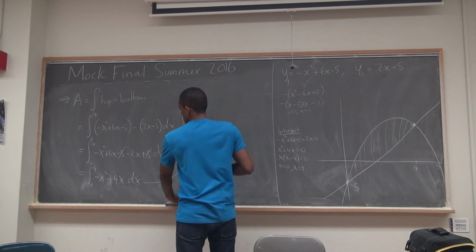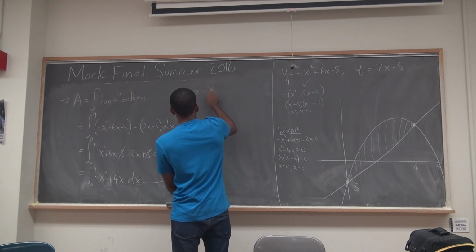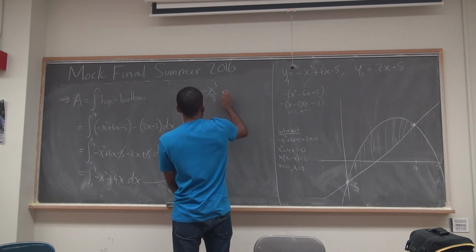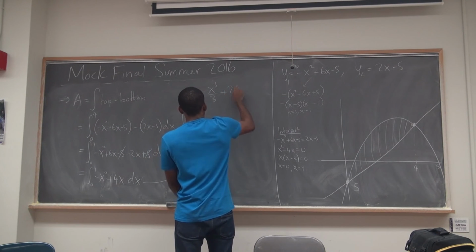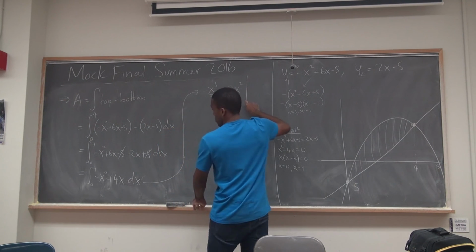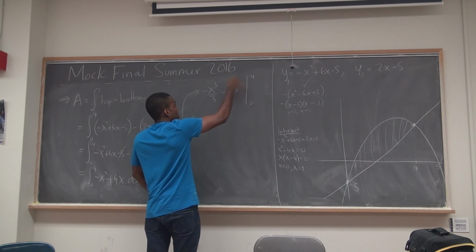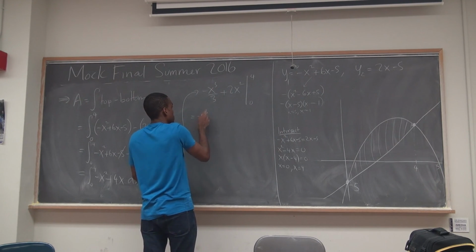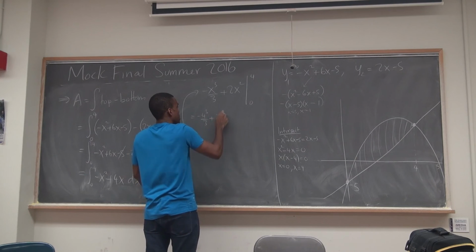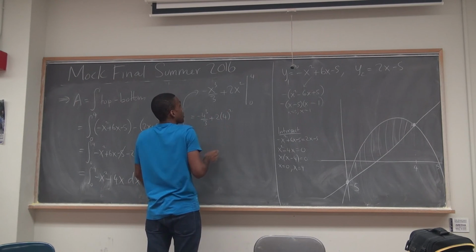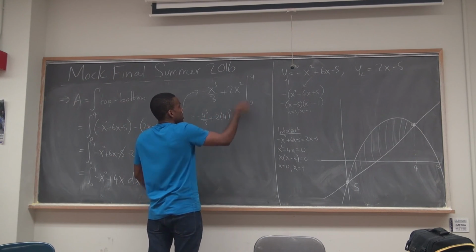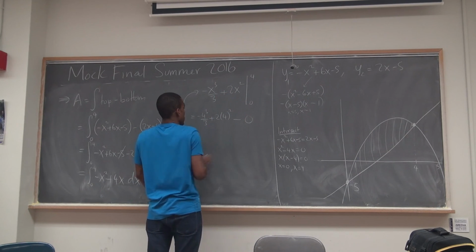At that point now it's just power rule, so it's minus x cubed over 3 plus 2x squared, from 0 to 4. From the theorem, take the 4, you plug it in, minus take 0, you plug it in, which gives 0.